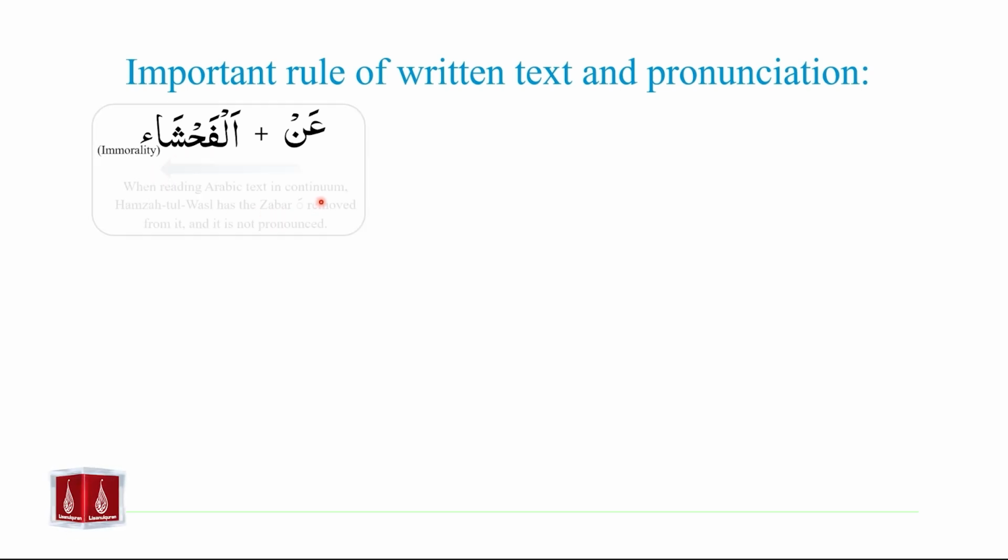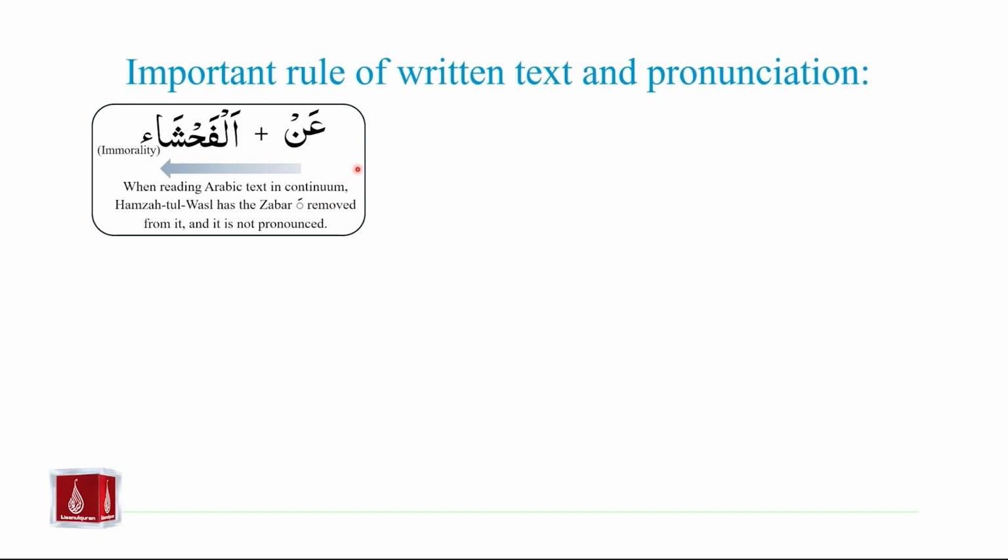We previously studied that in the Arabic text, when we are reading the text in continuation, the Hamzatul Wasl has its zabar removed from it and it is not pronounced. So if we are reading the text in this direction, we will need to remove the zabar from Hamzatul Wasl so that the pronunciation can become fluent.